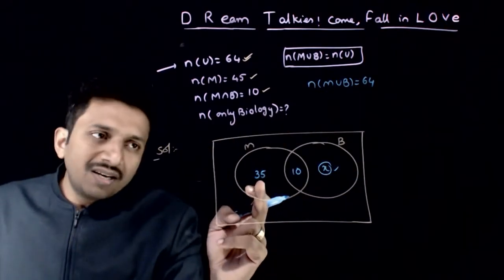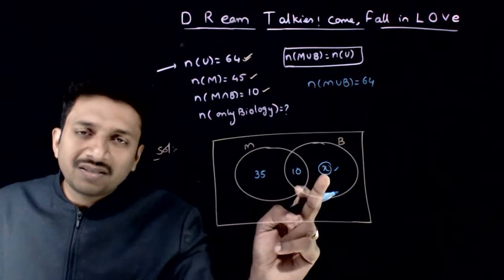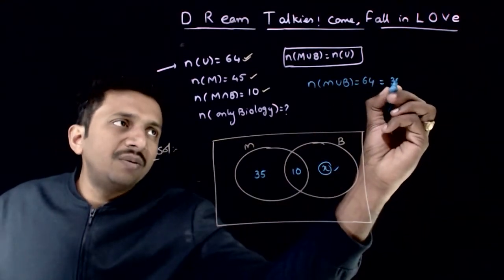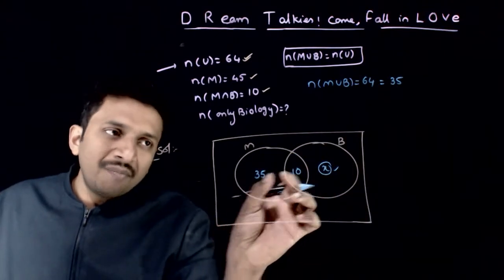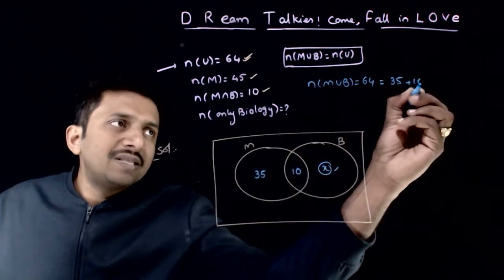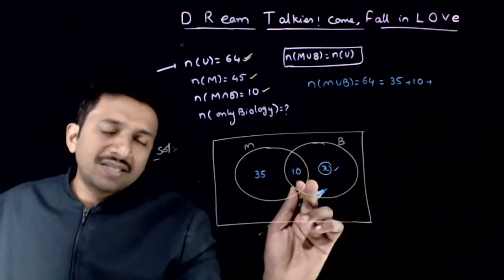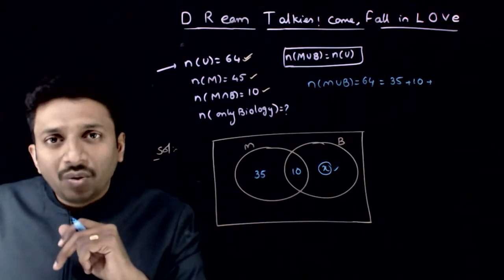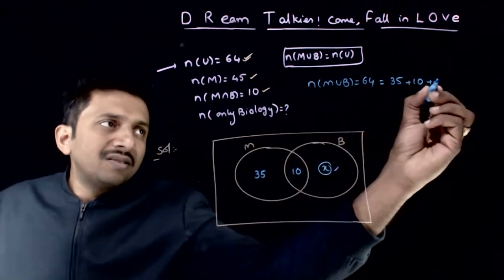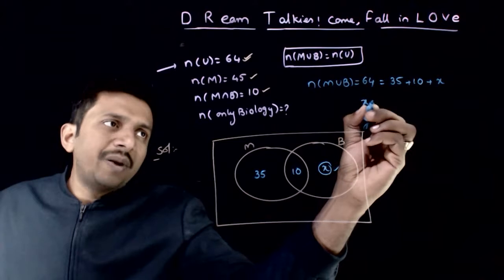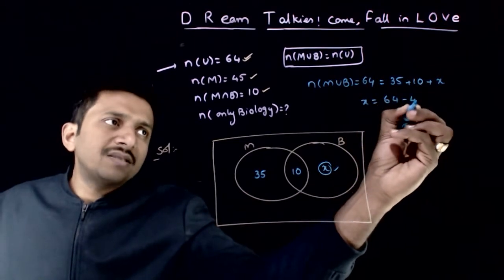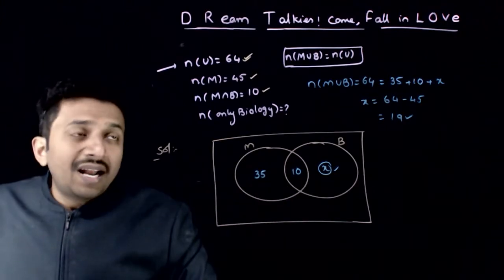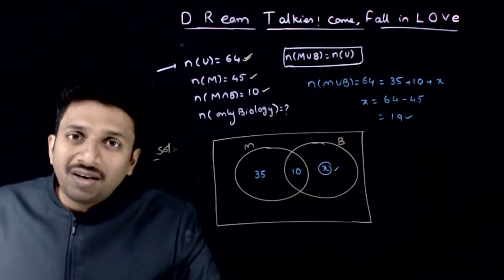So as you can very clearly see, this region plus this region plus this region corresponds to M union B. So 64 has to be equal to 35, that is M minus B, plus 10 plus X. X is the number of students who are passing in only biology, right? So let us take this as X. So this implies X is equal to 64 minus 45, which is 19. There are 19 students who have passed only in biology.